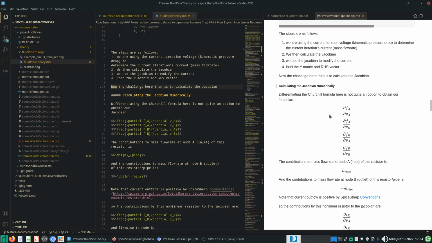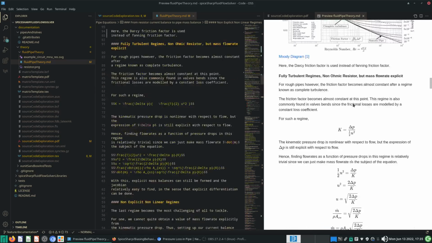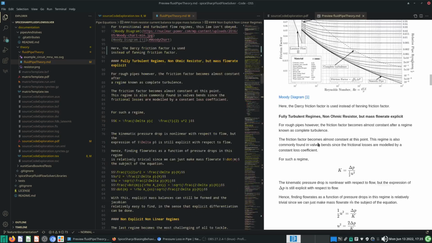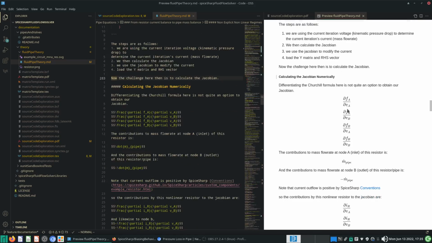So what are we trying to do here when we calculate the Jacobian? We are trying to find out what is the effect of changing the voltage at A. What's the effect on the current balance when we change the voltage at A due to this particular resistor? We are only looking at one resistor here and its contribution to the current balance.